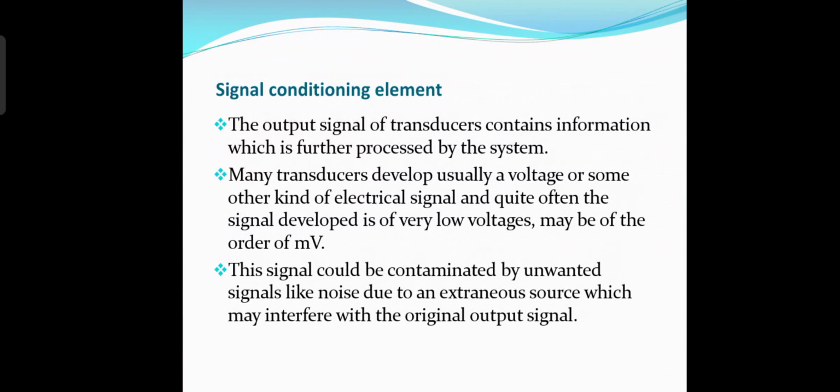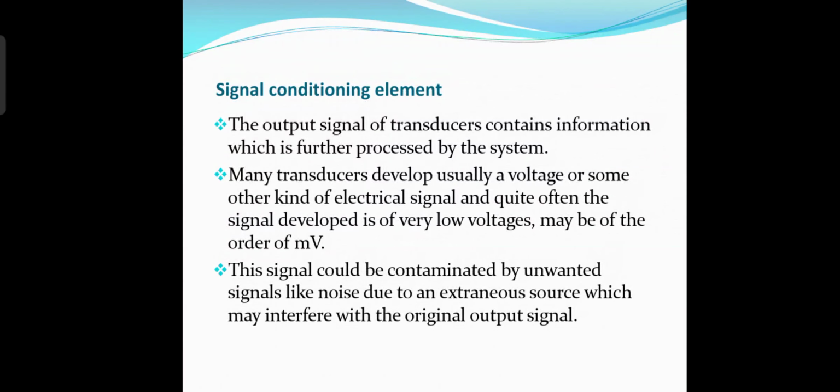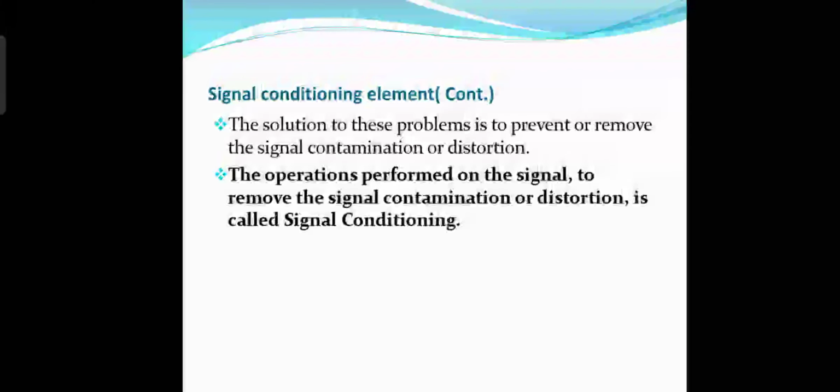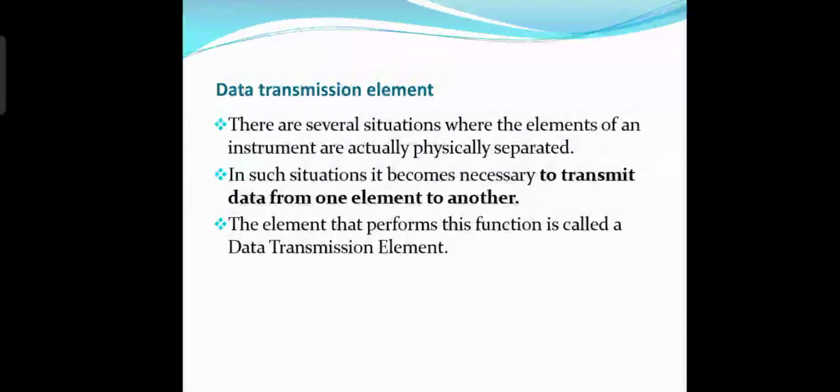This signal could be contaminated by unwanted signals like noise due to an extraneous source, which may interfere with the original output signal. The solution to these problems is to prevent or remove the signal contamination or distortion. The operations performed on the signal to remove the signal contamination or distortion are called signal conditioning.